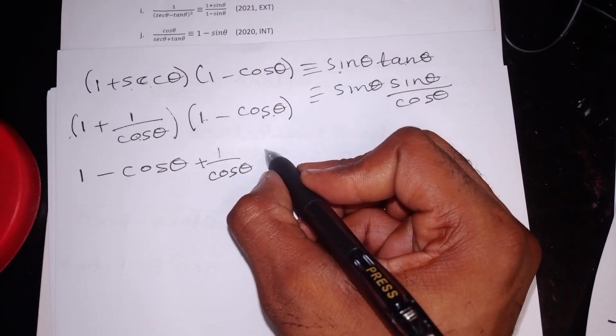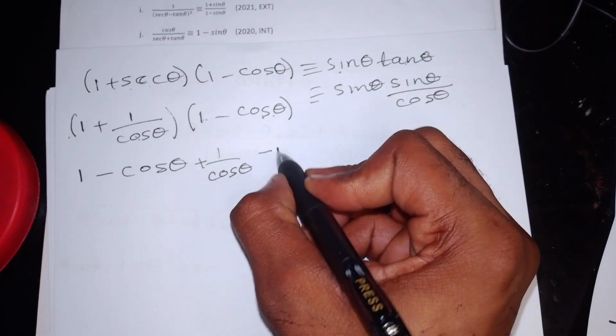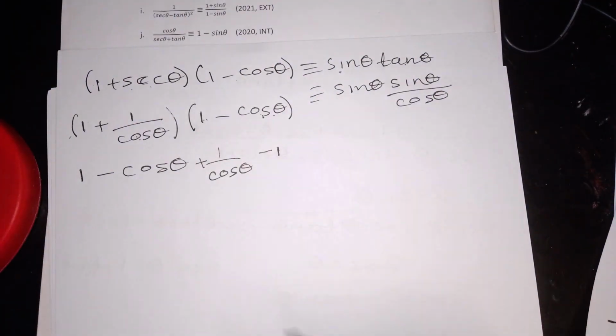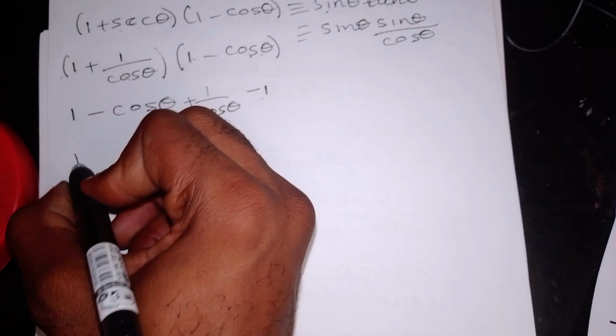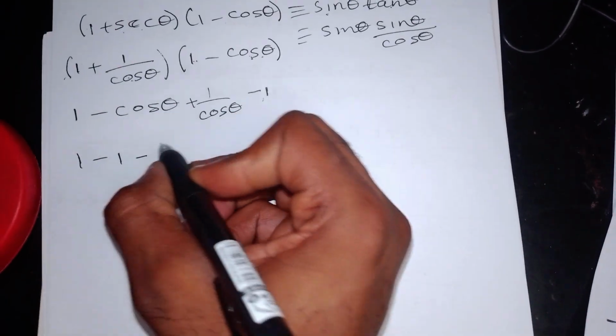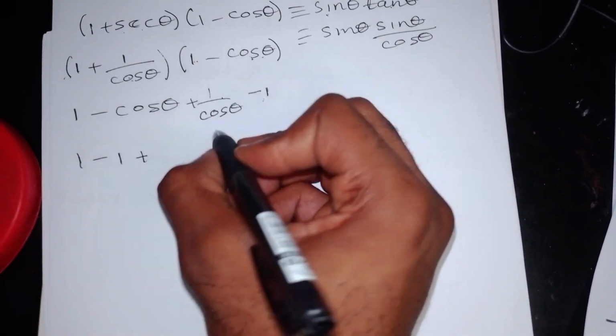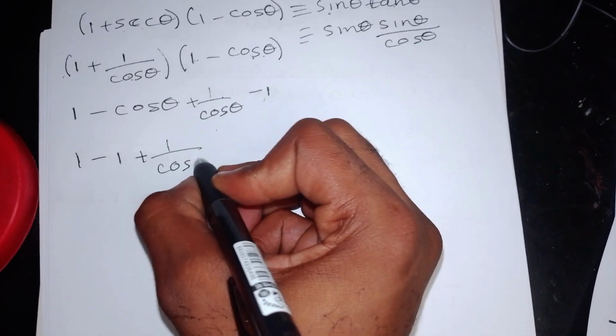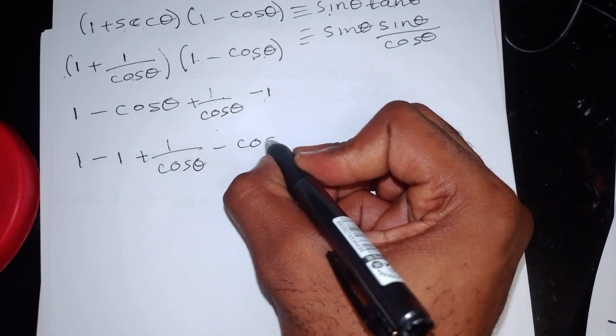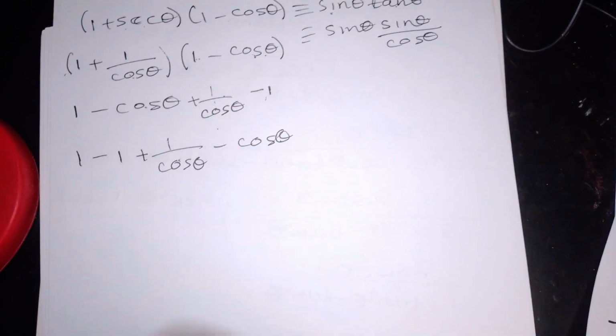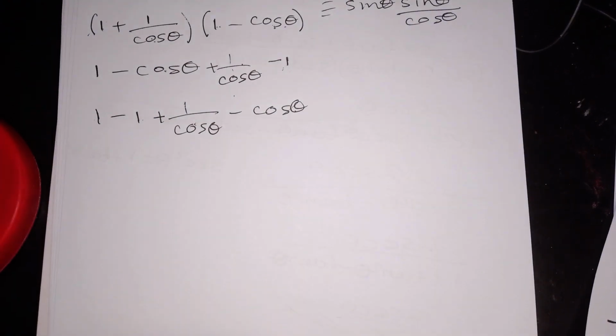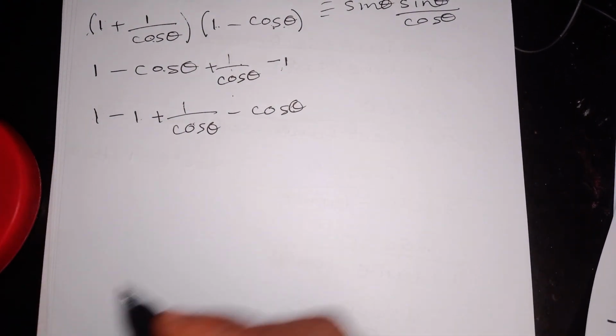This times this, this will just give us a 1 because this is cos over cos. And then you can subtract these two by putting the like terms together. Let me just start with this cos theta minus cos theta. So this minus this, we have a 0.